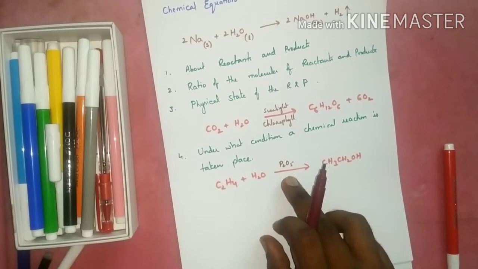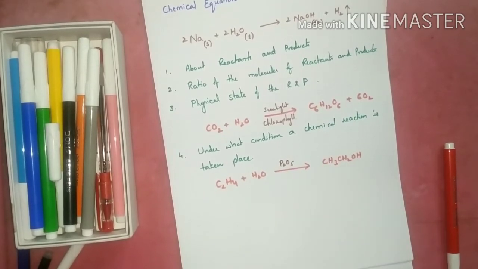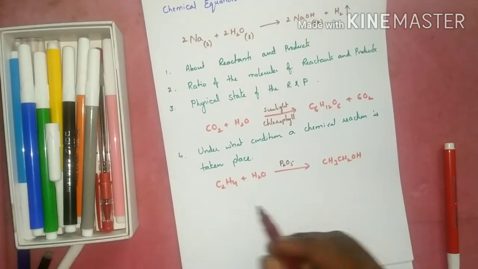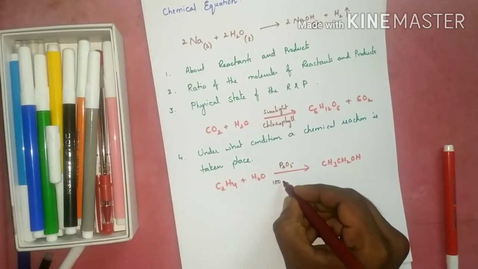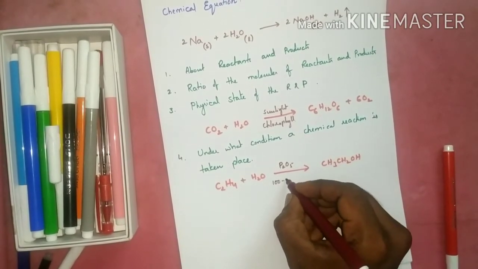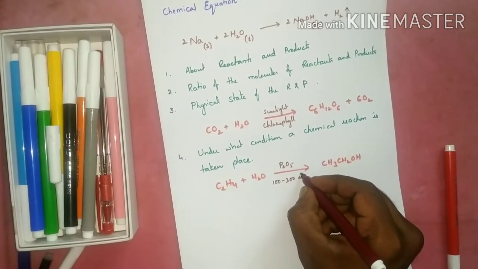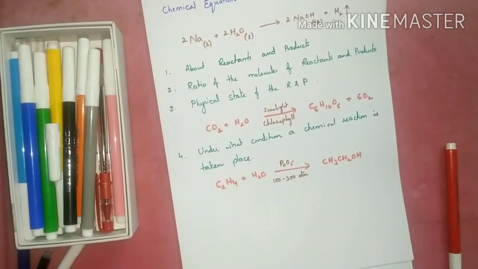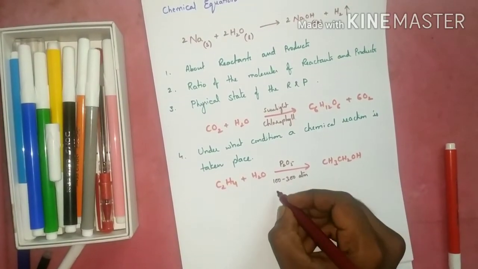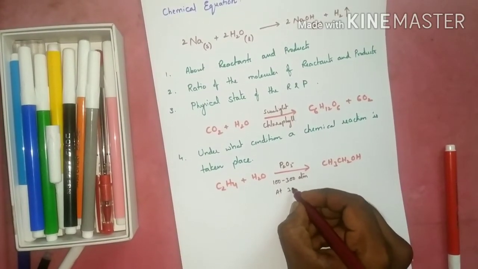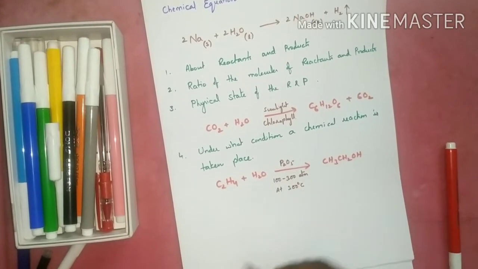It increases the rate of reaction. And to perform this reaction, a pressure of 100 to 300 atmospheres should be maintained, and this reaction takes place at around 300 degrees Celsius.